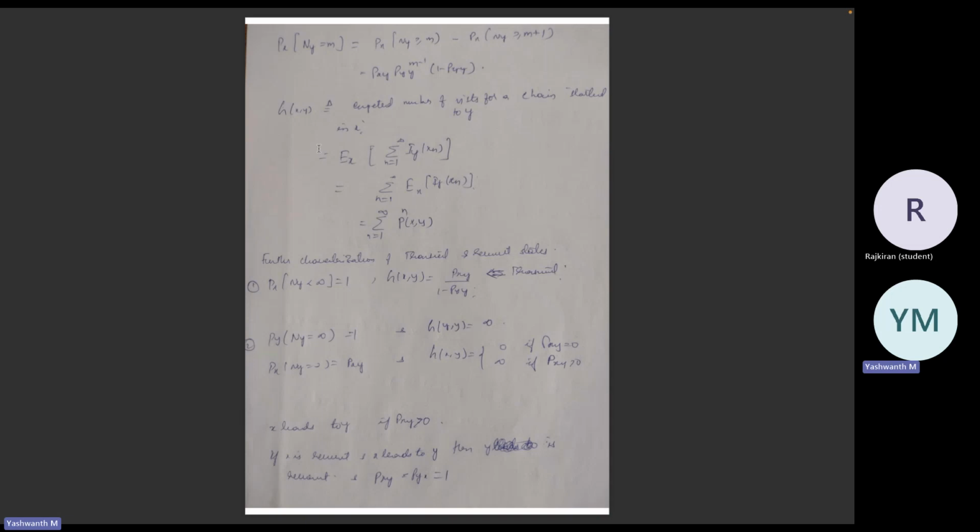Okay, so let's define the quantity g of xy to be the expected number of visits to state y for a chain that is started in x.